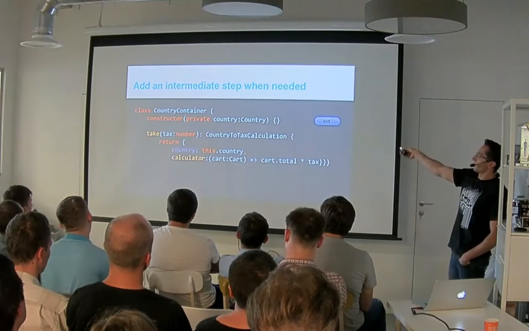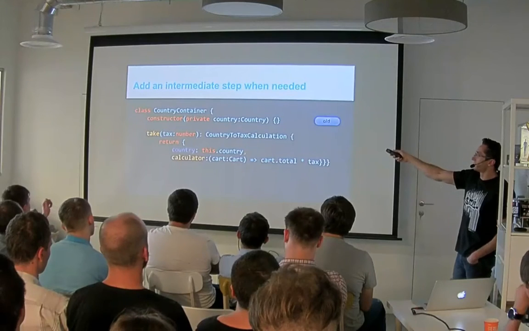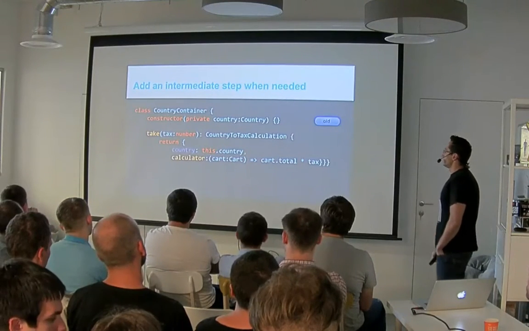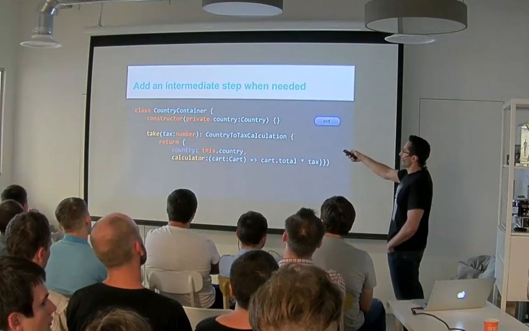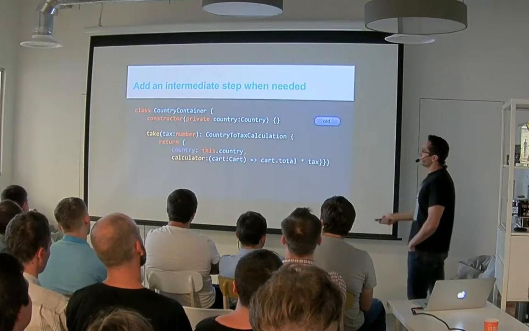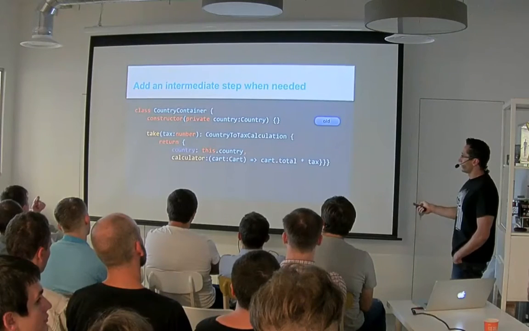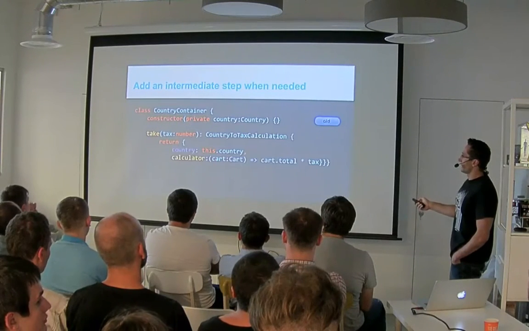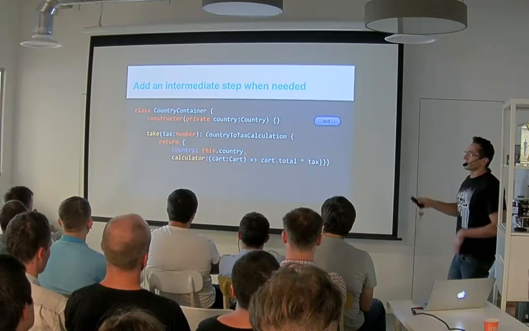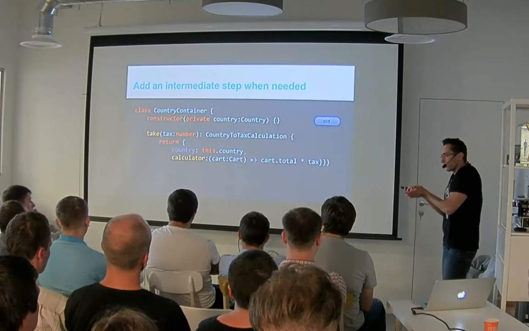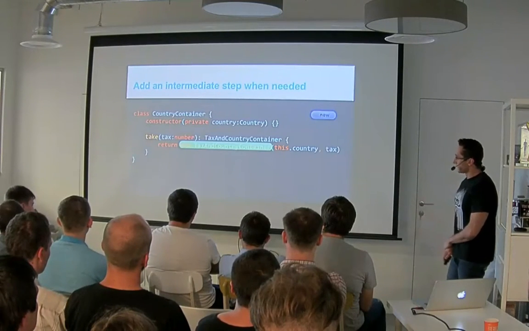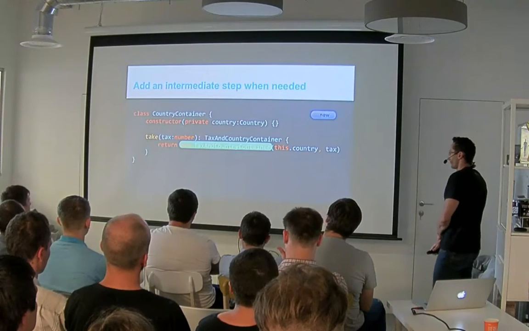This is the old country container we just saw, which had the take method, and it used to get a tax and return a country to text calculation. We now need to add another step. Instead of take returning a country to text calculation, which is the final thing we are looking for, we are going to add a new object, text and country container.